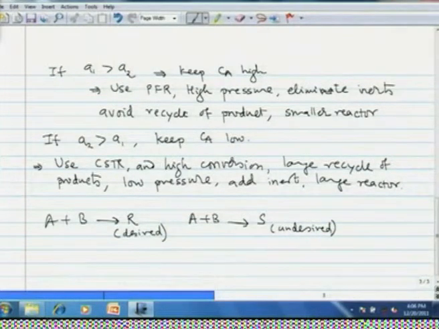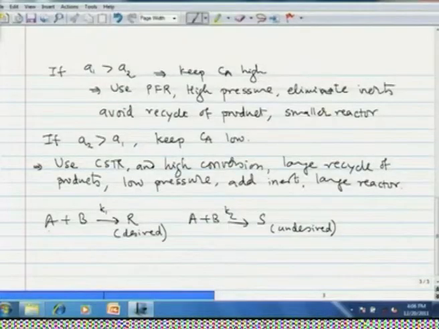Now, in this case, let us say the rate constants are K1 and K2, and now we have to take into consideration the order of the reaction with respect to both reactants. Let us say for the first reaction the order with respect to A is A1, with respect to B is B1, and for the second reaction the order with respect to A is A2 and with respect to B is B2.